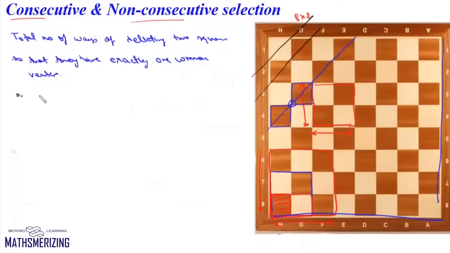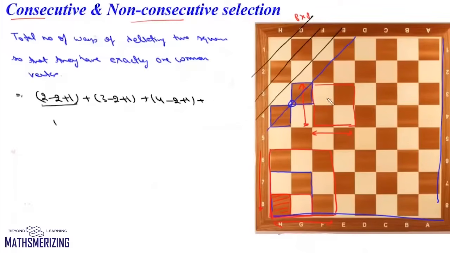It can be done in n minus r plus 1, which is simply one way. Now again for the next one, there are 3 connected squares, and we have to select 2 consecutive squares. It can be done in 3 minus 2 plus 1. For the next one, it will be 4 minus 2 plus 1.